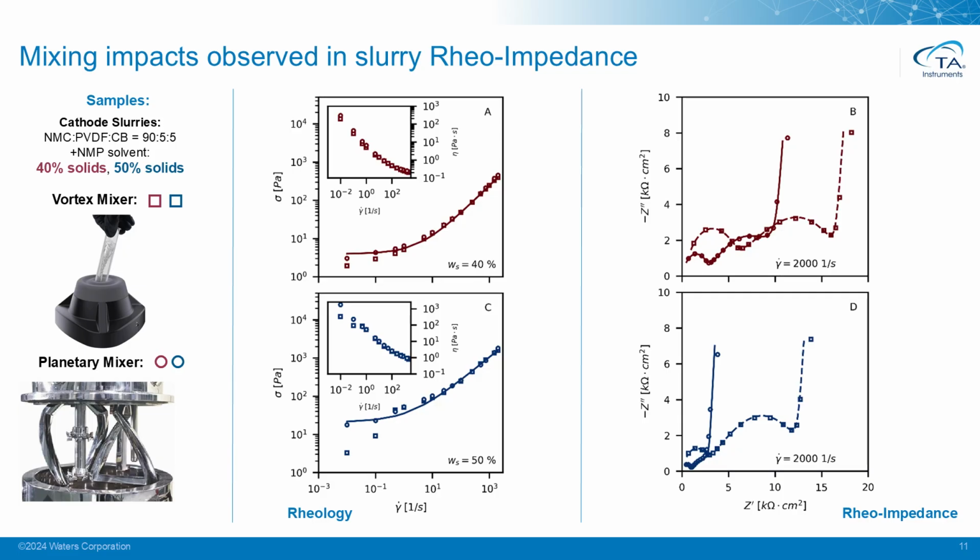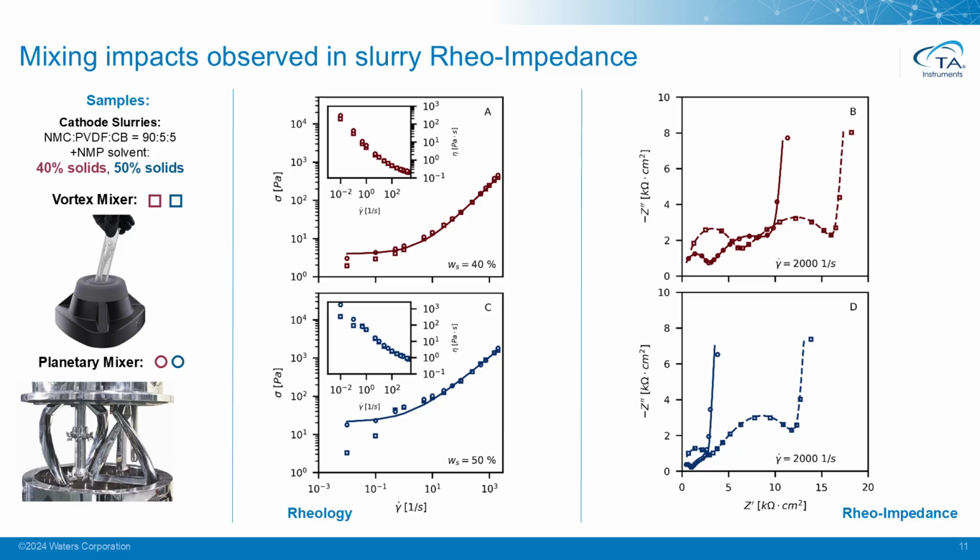So there we can directly qualify the mixing process by impedance spectroscopy, so we can judge which mixing process gives us a better carbon black network, in this case, than the other mixing. And by that, improve the electrical properties of our slurry at an early stage.